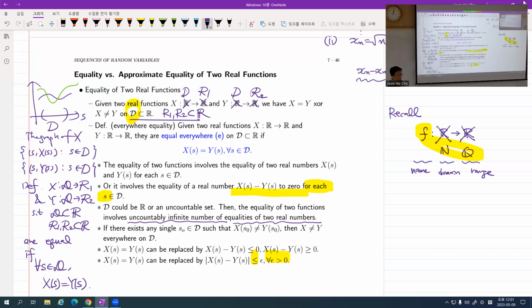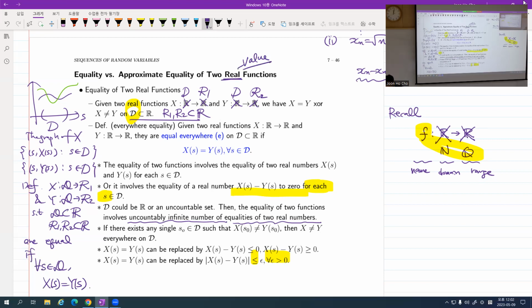If there exists some S0, at least one S0, where this value and that value are different, probably you want to say that two functions are different at that point, which means that they are different. Got it? So in order to claim two real valued functions, here, real means real valued.